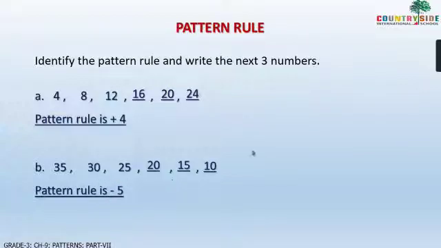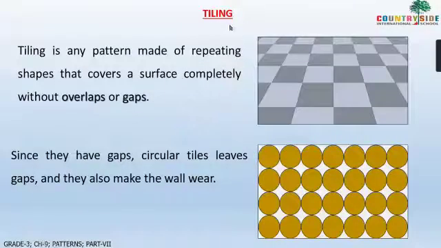Okay children, then the next topic was tiling. So children, what is tiling actually? Tiling is any pattern made of repeating shapes that covers a surface completely without overlaps or gaps.